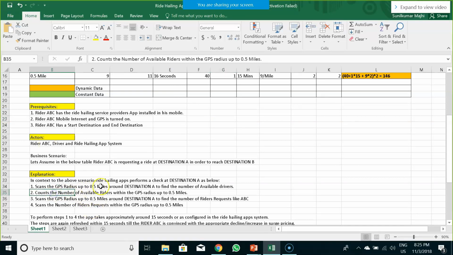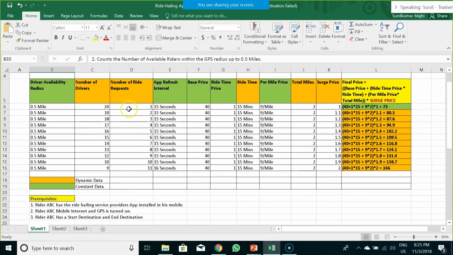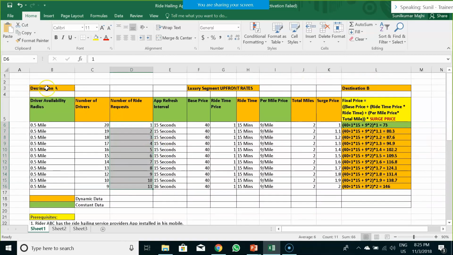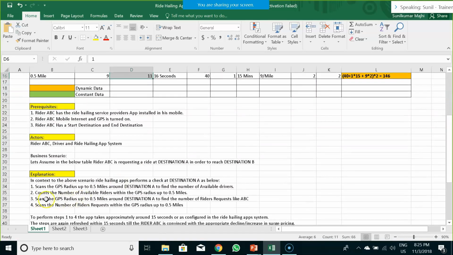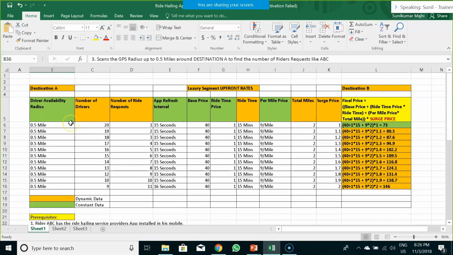Okay, so in step 2 it calculates the number of riders from destination A to destination B. In step 3 it scans the GPS radius up to 0.5 miles from destination A to find the number of riders heading to destination B, like ABC. Like ABC, there would be multiple people who want to travel in that direction. So now it has calculated the number of riders.